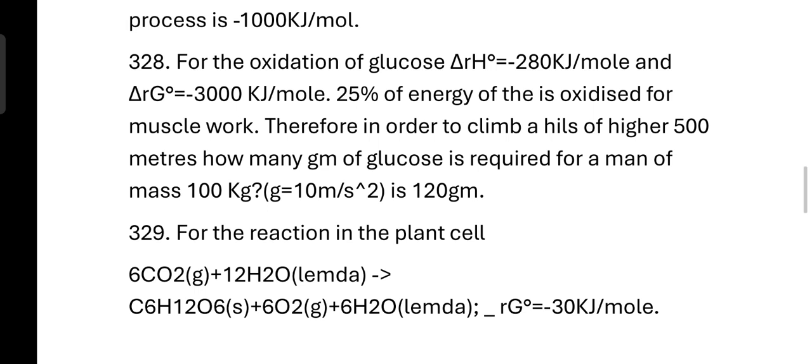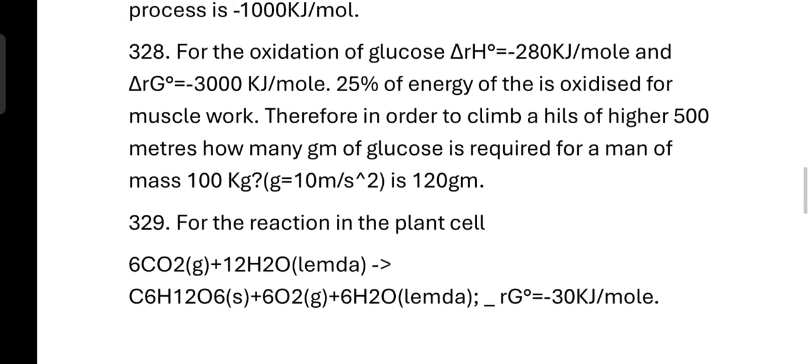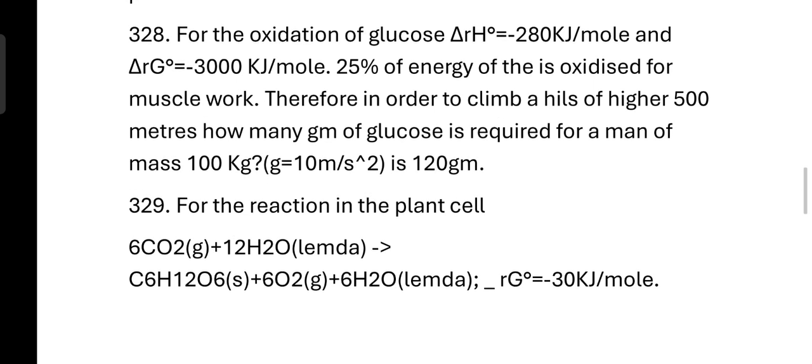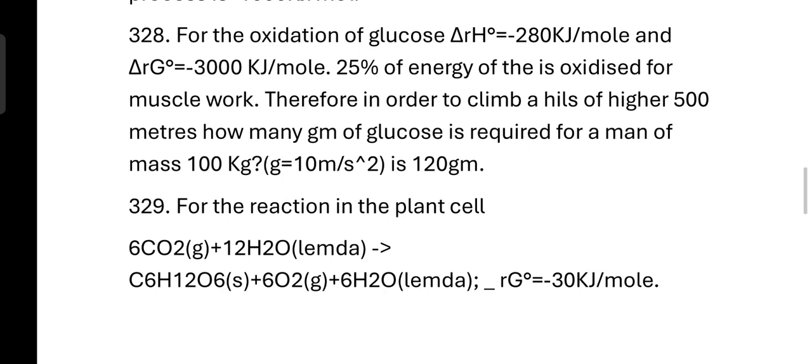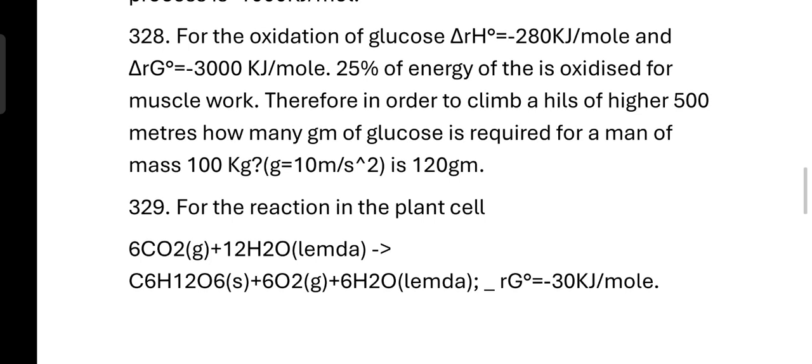For the oxidation of glucose, delta rH degree is equal to minus 280 kJ per mole, and delta rG degree is equal to minus 3000 kJ per mole. 25% of the energy of the oxidation is used for muscles to work.